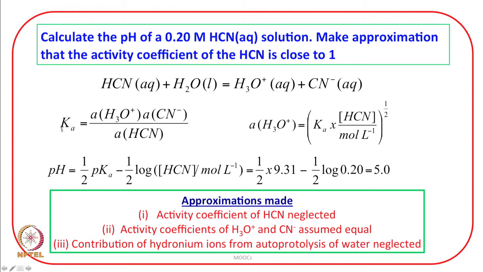So, it is important to recognize that in doing these types of calculations, we have made some assumptions, especially when we equate activities with the concentration, like aHCN is taken as the concentration, and that we did because the statement asked us to use that approximation, that the activity coefficient of HCN is close to 1.